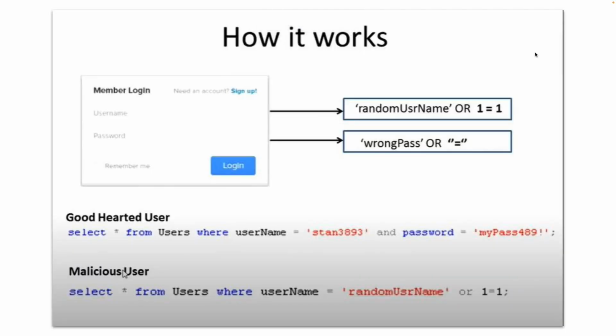If you think about what happens when a SQL statement is executed, and this could be for the good-hearted user or the malicious user, it's going to select everything from users where the username and password match. To say this another way, it's going to select everything provided the SQL statement finds anything.